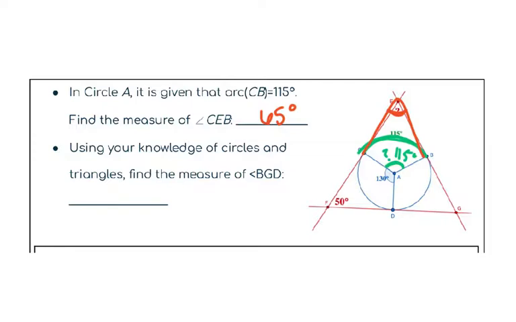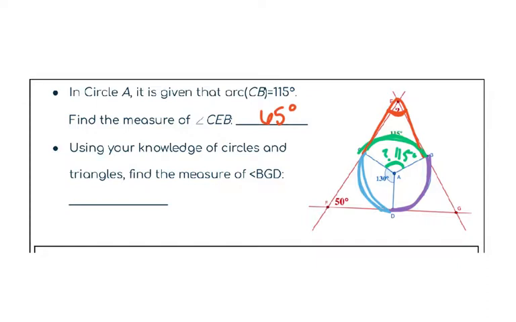So now let's think back to what we know about circles and our knowledge of triangles. So using that information, I know that all three, let me label it a little bit. So all three of these arcs, the blue arc, the green arc, and let's use purple here, this purple arc, they all have to add up to be 360 degrees.